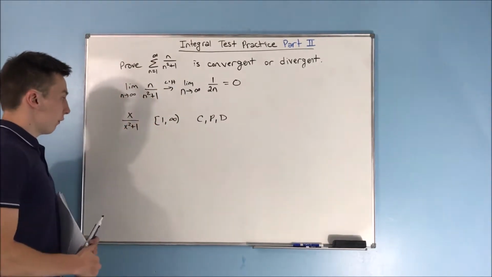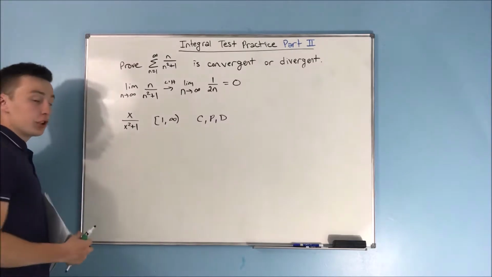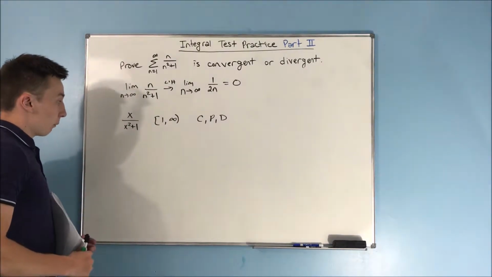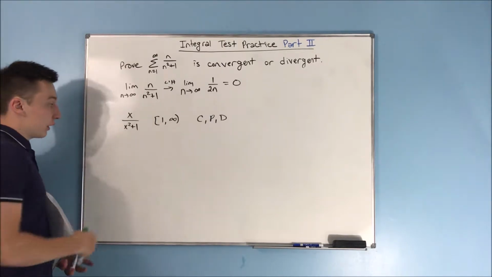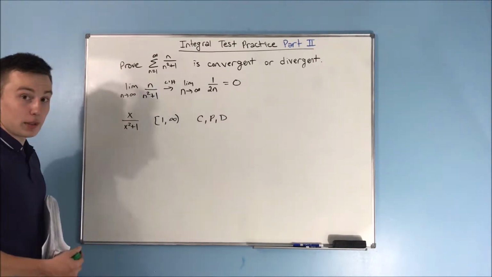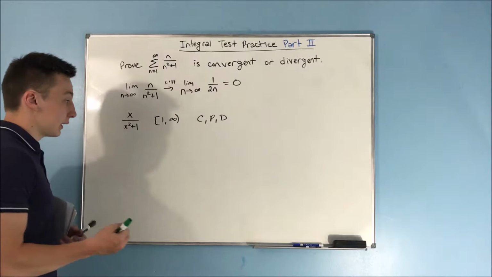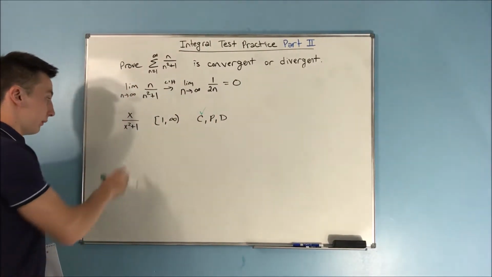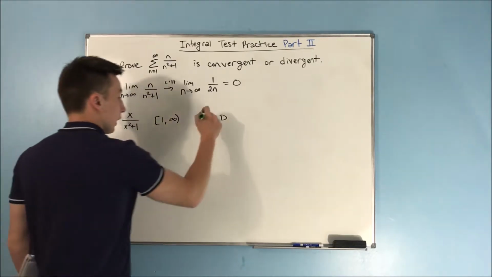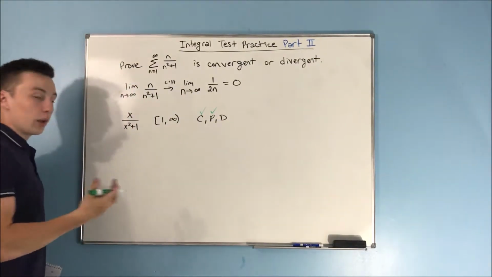So first off, is that going to be continuous from 1 to infinity? Well, this is all positive values, okay? So there's no way that this denominator can become 0, so it is going to be continuous. Now, will it be positive? Well, these are all positive numbers, so yes. And will it be decreasing?